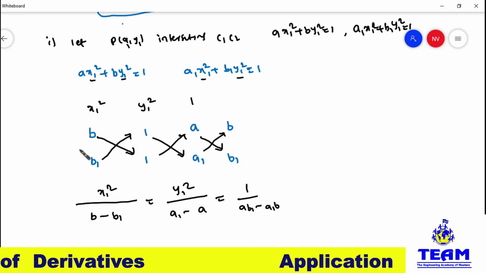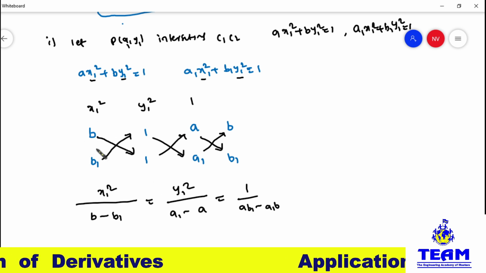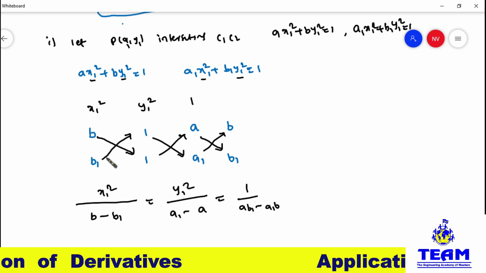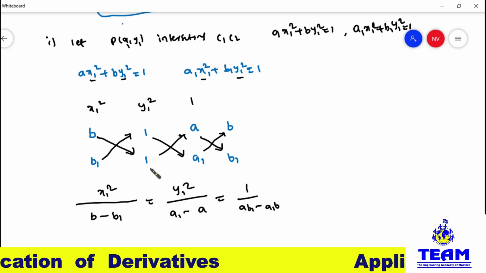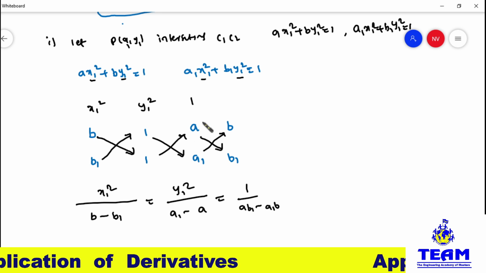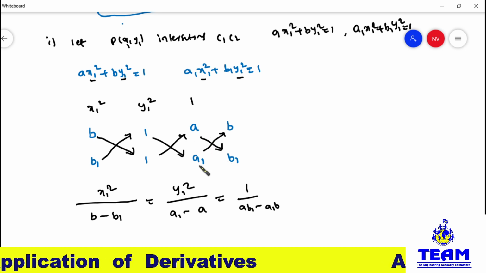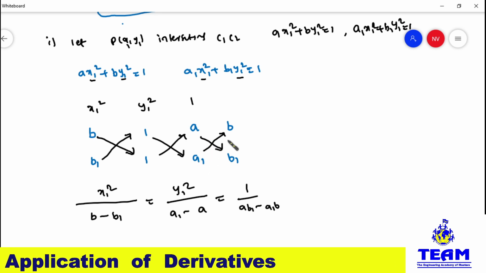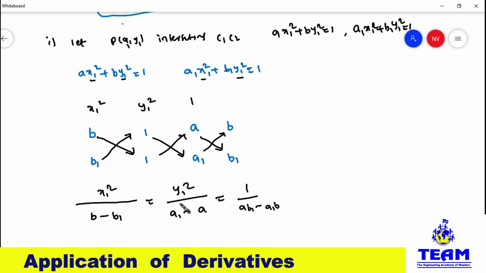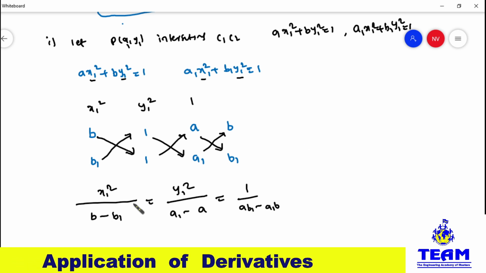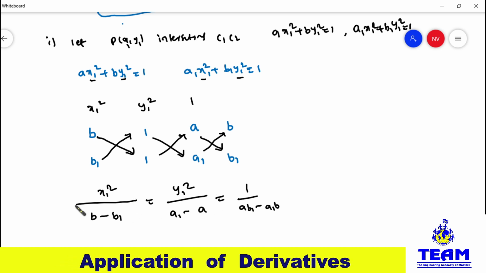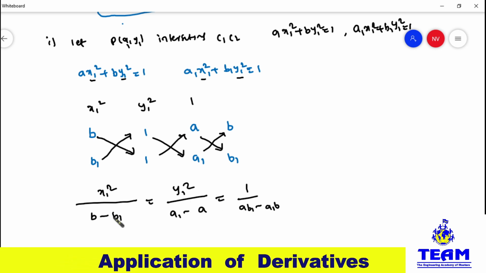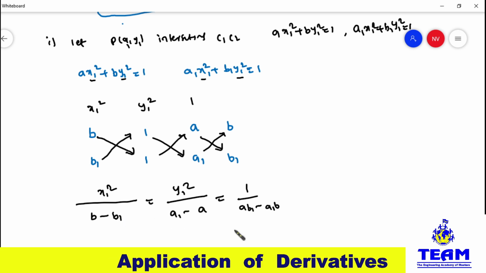Okay friends, now I will repeat: x1 square divided by b into 1 minus b1 into 1, y1 square divided by 1 into a1 minus 1 into a, next 1 divided by a into b1 minus a1 into b. Now from this what we can say, here you observe 1, 2, 3, 1 is equal to 2. Suppose a is equal to b is equal to c, then you can say a is equal to b and a is equal to c also.